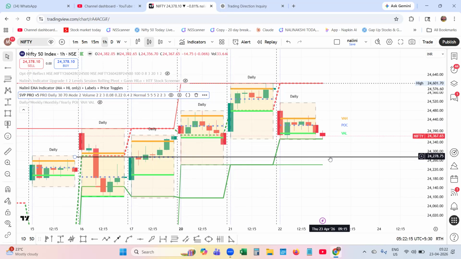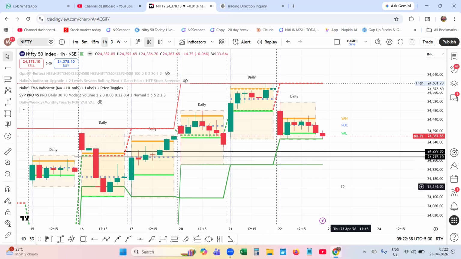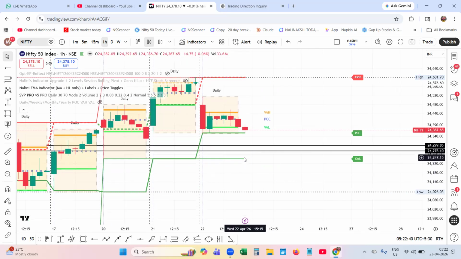24,272, and these are the value area high. Even this level, these are the two levels we can anticipate for the market. Only if the market breaches this point of control and closes below, then there is a threat, and this is the current week low.